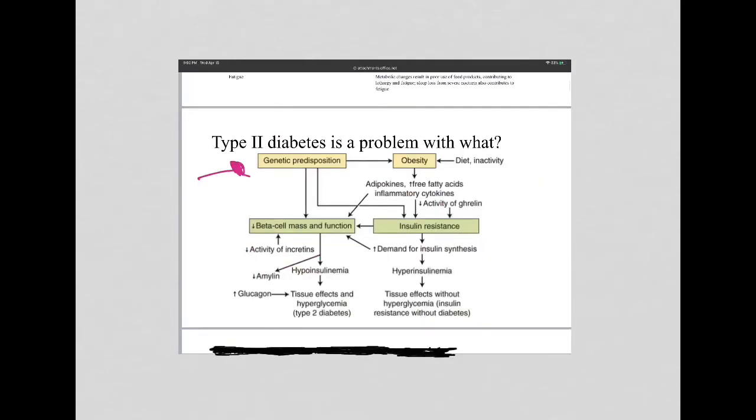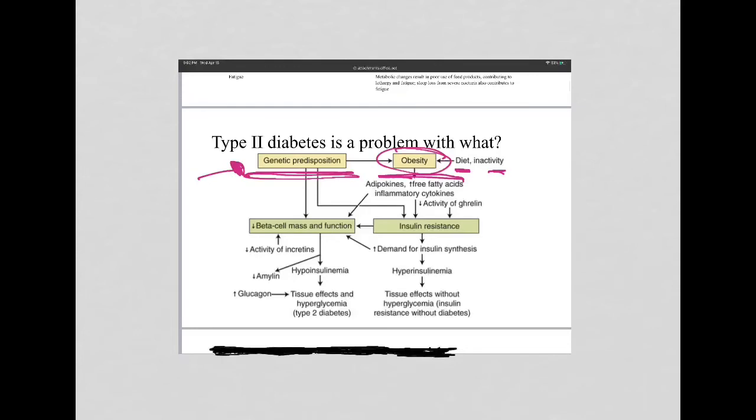All right, so let's talk about type 2 diabetes, a genetic predisposition as well as obesity. There is also that population of patients that aren't necessarily obese, but also have insulin resistance, where there are a lot of studies going on right now, and we're finding out a lot about insulin resistance. But if we look at the common poster picture of a person with type 2 diabetes, we think obesity due to their diet and inactivity.